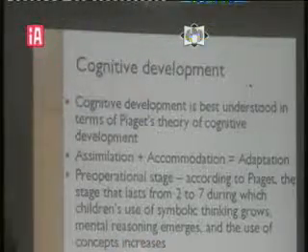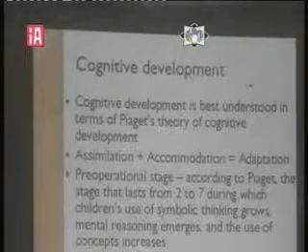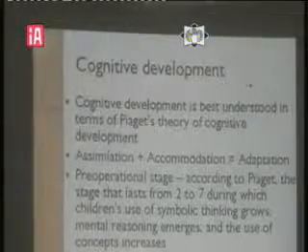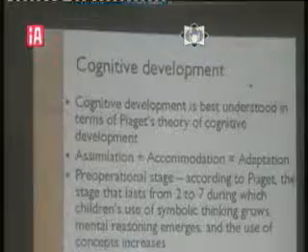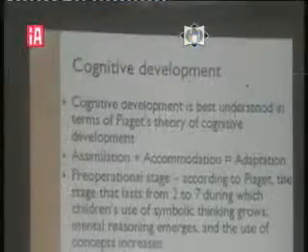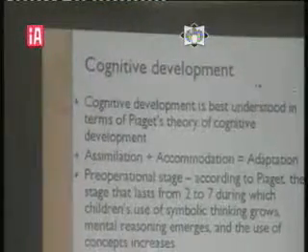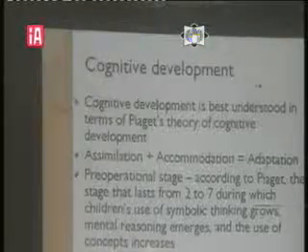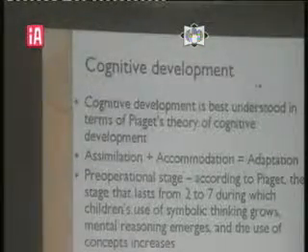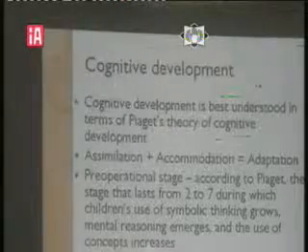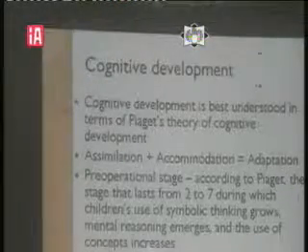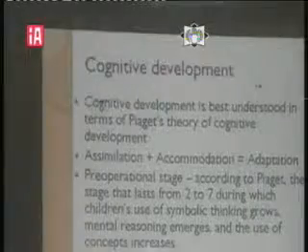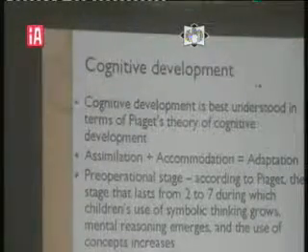If they are persisting, that means the brain development is still not good enough for that particular age. So this is more on the reflexes, in infants, in the babies.